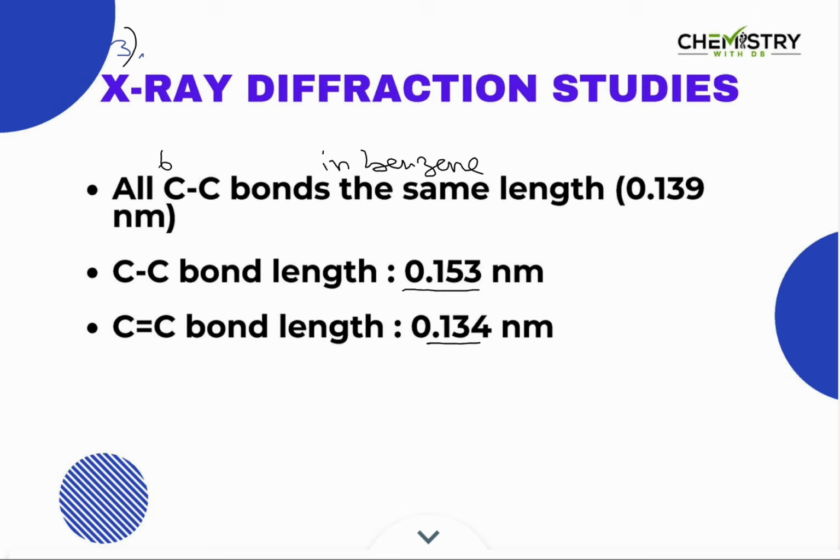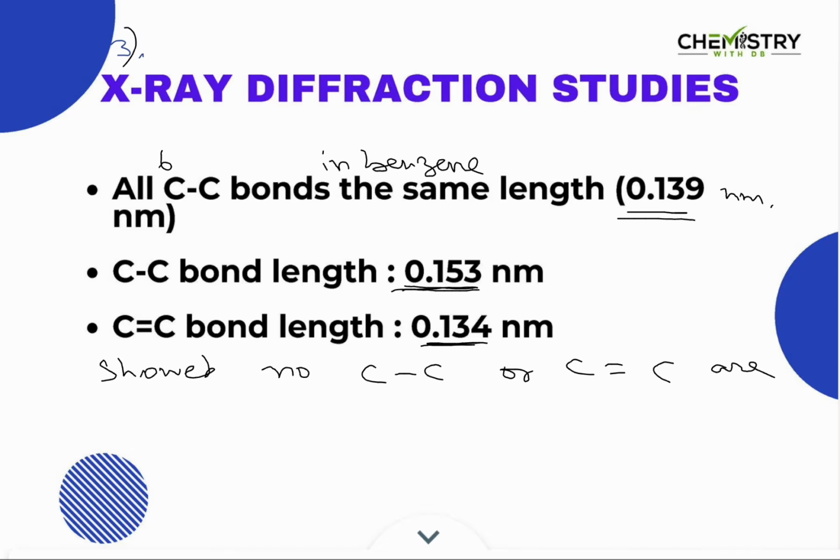All of the 6 C-C bonds in benzene were of the same length, and in addition to that it was in between 0.134 and 0.153, that is 0.139 nanometer. So that showed clearly that no C-C or C=C bonds are present here.